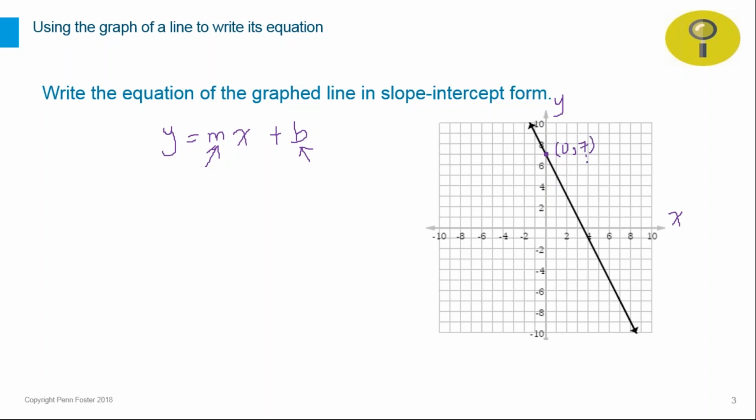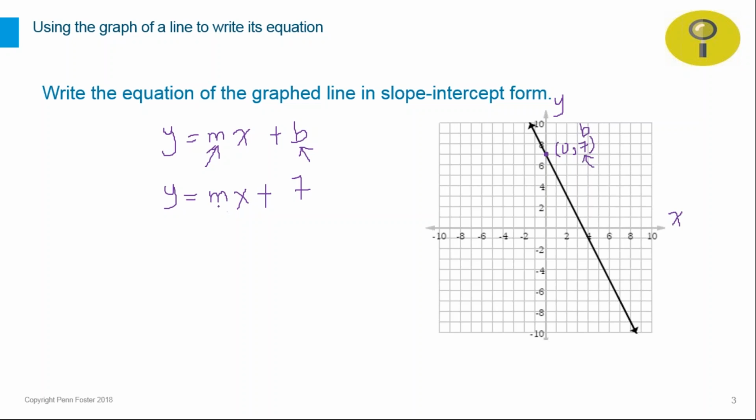For the b, we need only the 7, and that would be the b, the y-coordinate of the point where the line intersects the y-axis. So far, we know the b. The b is 7. So far, the equation looks like y equals mx plus 7.